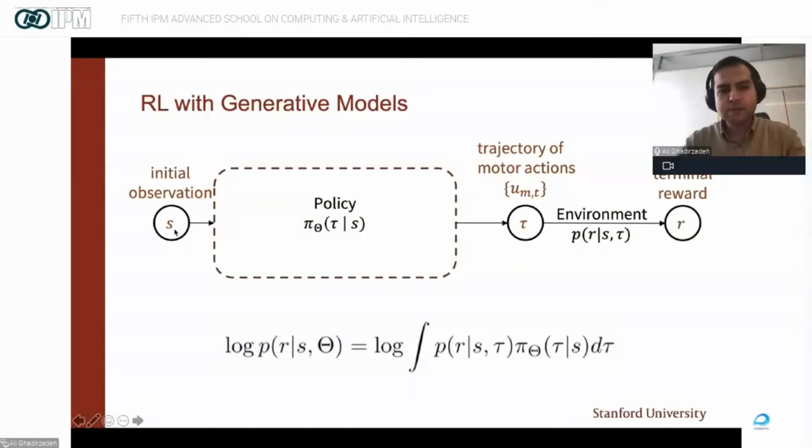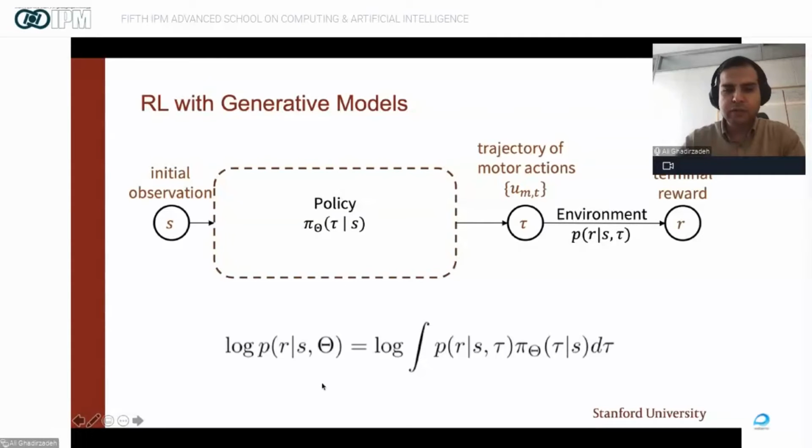So the input is an image observation to this policy, and the output is a trajectory over motor actions that will be executed on the robot. Once this trajectory is executed on the robot, we have an environment conditioned on the initial state of the system and the executed trajectory, which gives you a terminal reward. This is the general problem formulation.